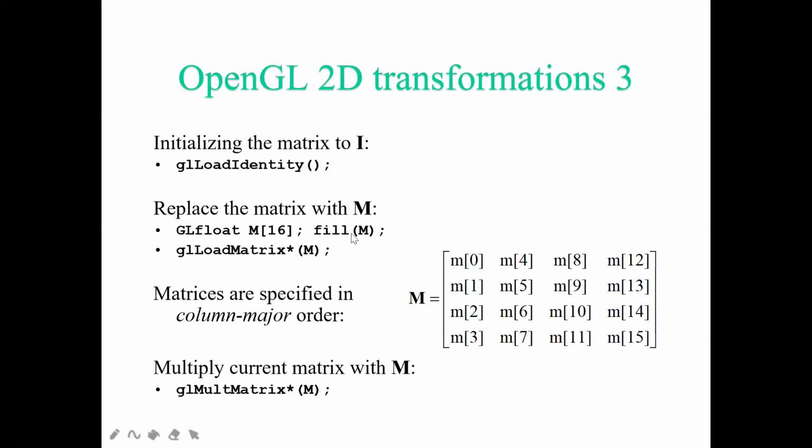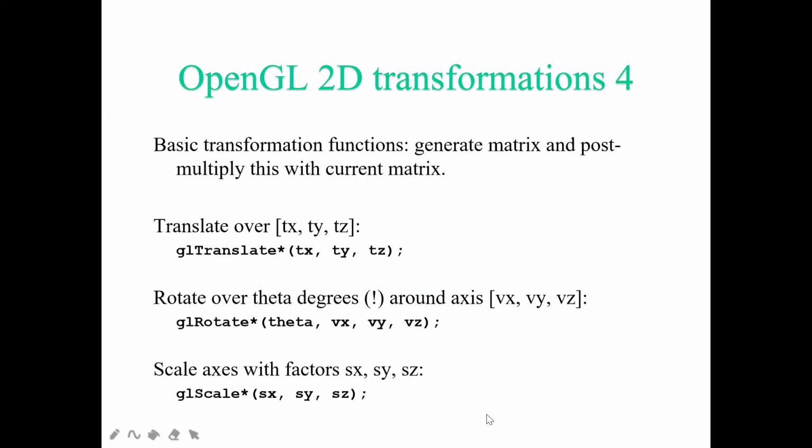Then the fill primitive also you can use. Then glLoadMatrix, whether 2D or 3D, whatever you are using, then M. So this is the way of writing all the matrix forms. Here you can see, if you want to use translation, the primitive is glTranslate, with 2D or 3D variants, then tx, ty, tz.